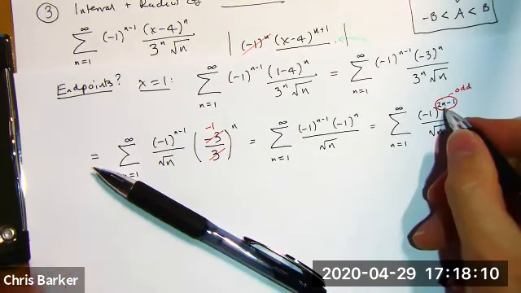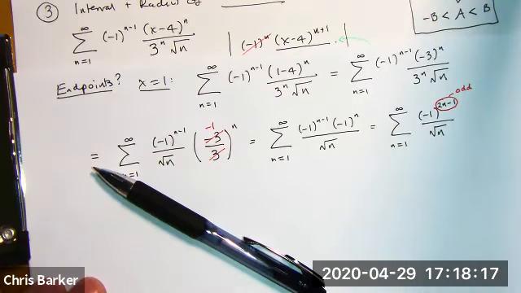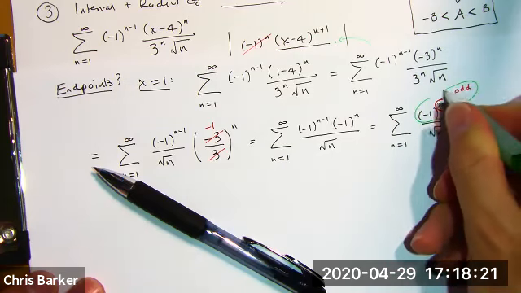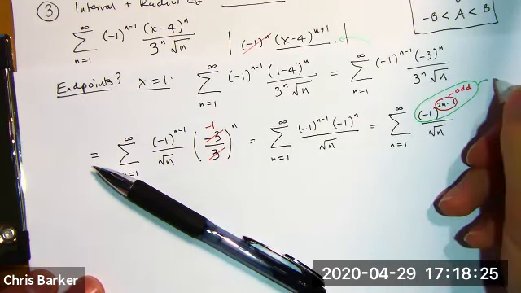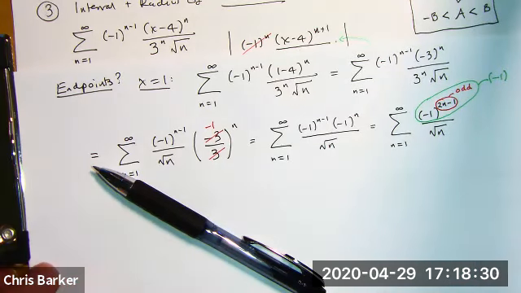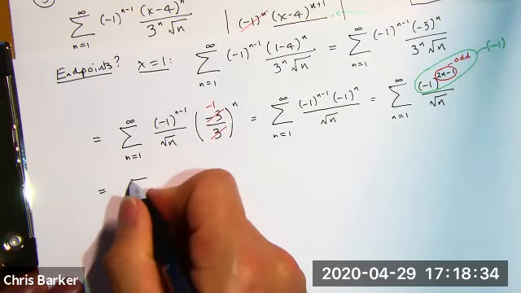Because 2n is even, and an even minus 1 is bound to be an odd. So you're raising negative 1 to an odd. What can you guarantee you will always get if you raise negative 1 to an odd power? It'll always be negative 1. Permanently negative 1, not alternating. It just is negative 1, period.